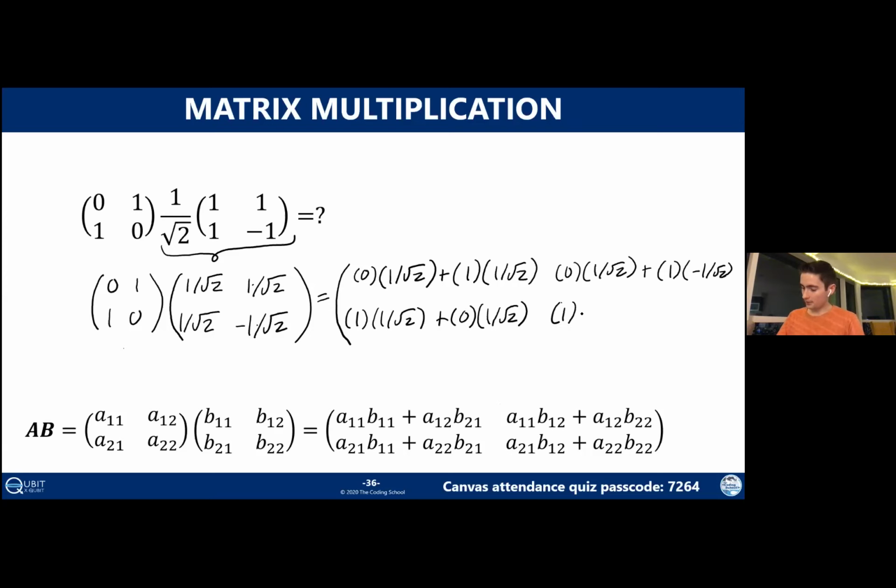Here we have 1 times 1 over root 2 plus 0 times minus 1 over root 2. Okay. And then we just have to carry through all of the computations here. So in the first one, I get 1 over root 2. Second one, I get minus 1 over root 2.